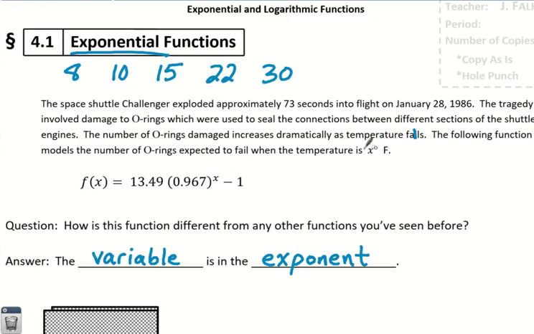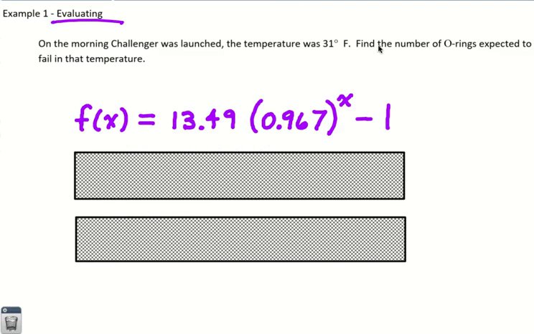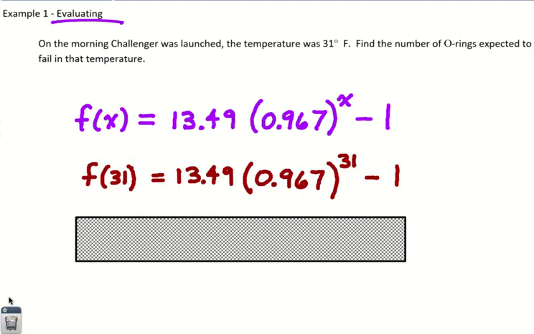Well, wasn't x the temperature? And they're giving us a temperature. So all we're really going to do is plug in 31 for x. And that's going to get us going with evaluating this function, just like plugging something in for the x variable.